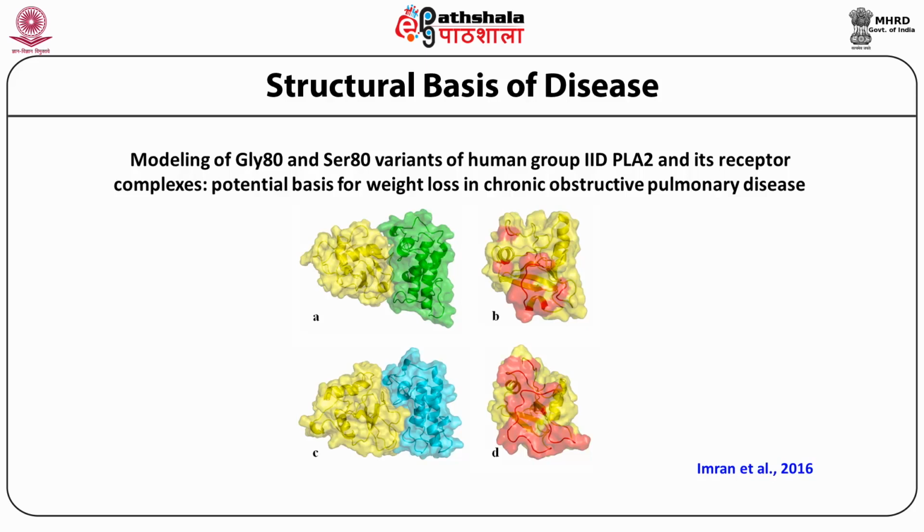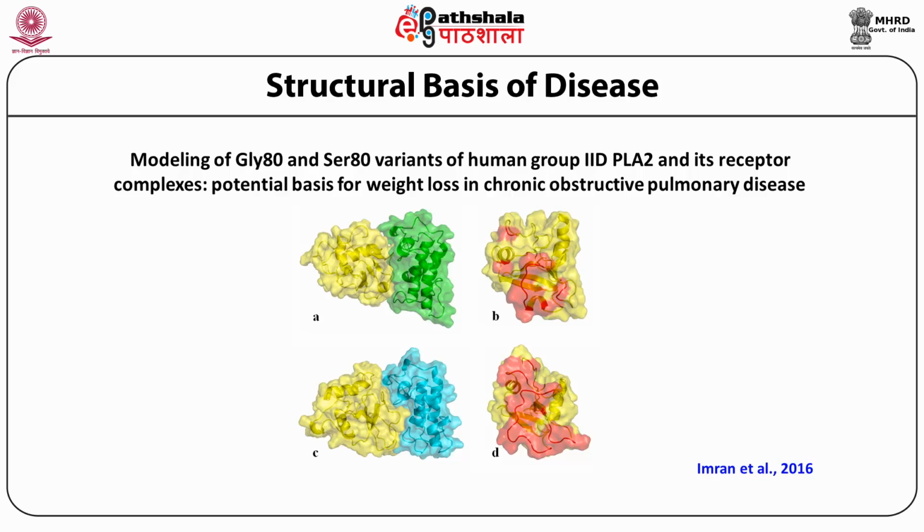Without going into details, what is important is that the serine 80 variant has a stronger interaction with the receptor, as seen by the interacting surface shown in red, as compared to the interacting surface on the enzyme molecule of the glycine 80 variant, which is slightly lesser.